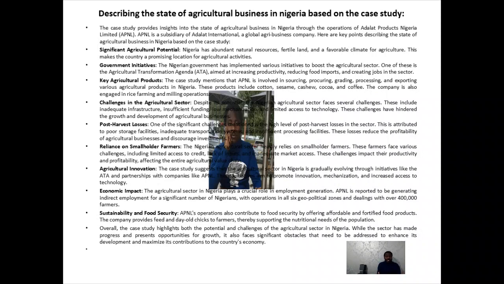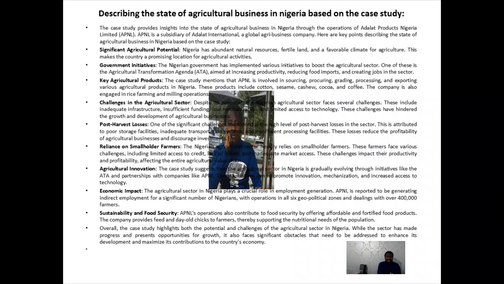Agricultural initiative, not that too much, you can mention it. Economic impacts of agriculture. Agriculture is contributing significantly in Nigeria in the 6 geopolitical zones. Sustainability and food security.